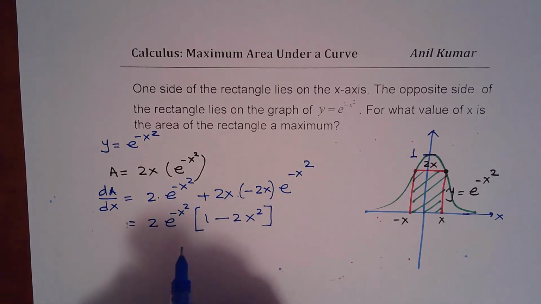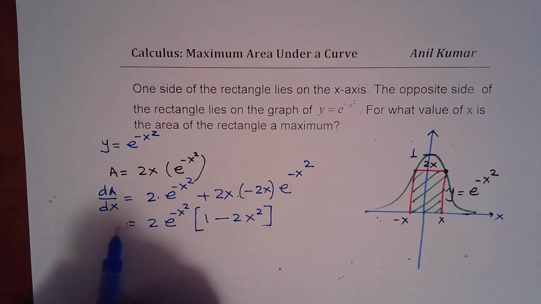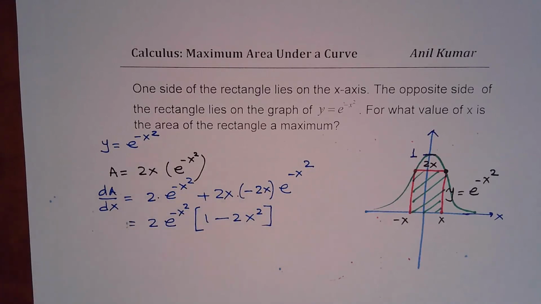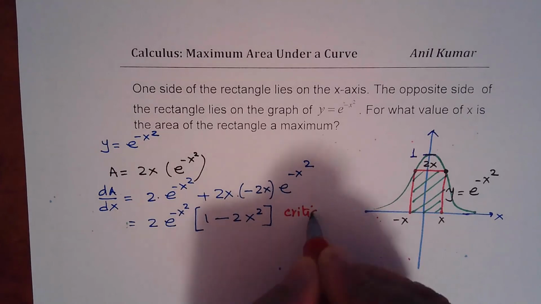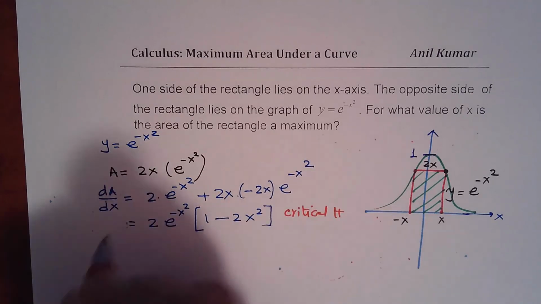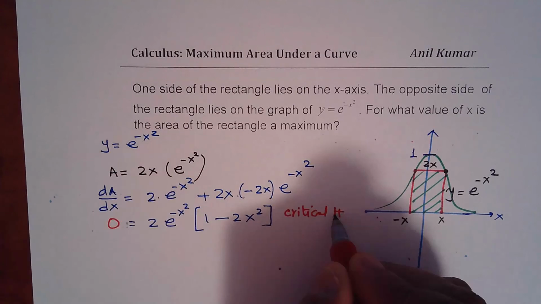Now for the critical number, this should be 0, right? So we are trying to figure out the critical number. Let's write down. For the critical number, this should be equal to 0. E to the power of minus x squared cannot be 0, but this factor could be 0. That is to say, 2x squared is equal to 1.